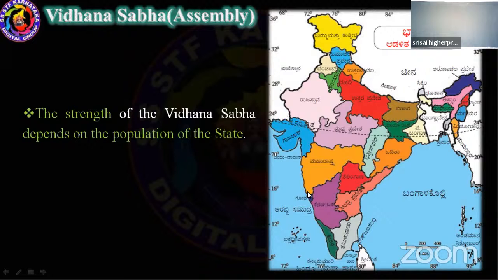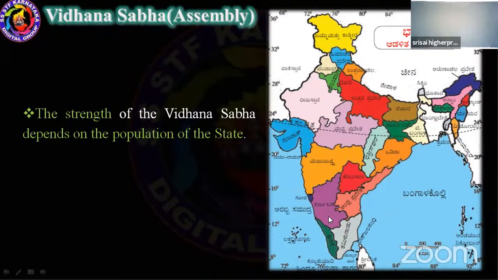Some states have fewer because their area is small and population is very low. For example, Goa and Sikkim have fewer MLAs because the population is less there.